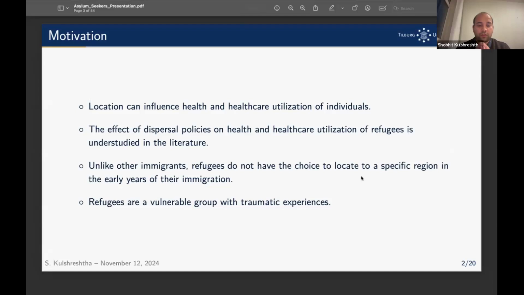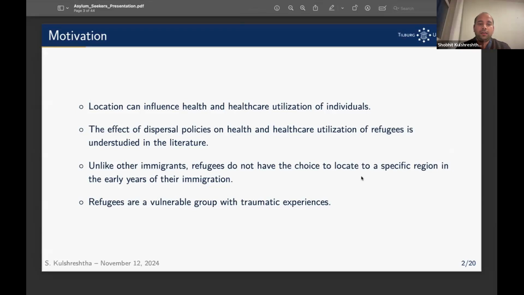So, building on this motivation, I would like to start by presenting a few facts regarding how health might be affected. The first thing is that where we stay or reside has an important role to play in our health, and it also has an implication on healthcare utilization.